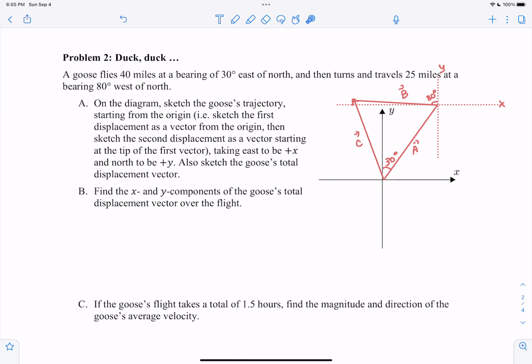Okay, cool. So now we have to find the x and y components of the goose's total displacement vector over the flight. So what vector basically represents our total displacement here?